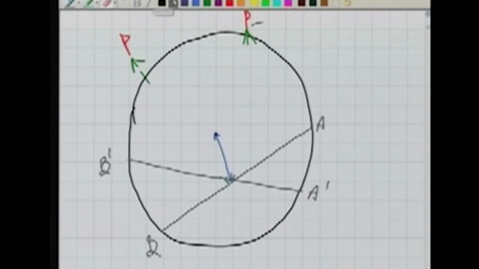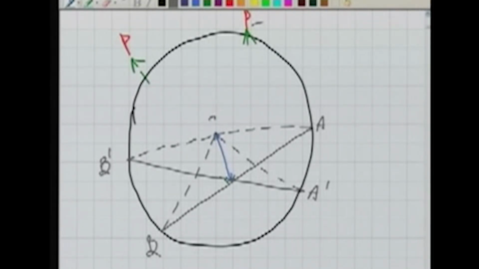Now what is happening there? When we take the angles at A and at A dash, I am actually reading the angles about this center. I will explain what I mean. And similarly here for B and B dash, I am taking the observations about this circle.